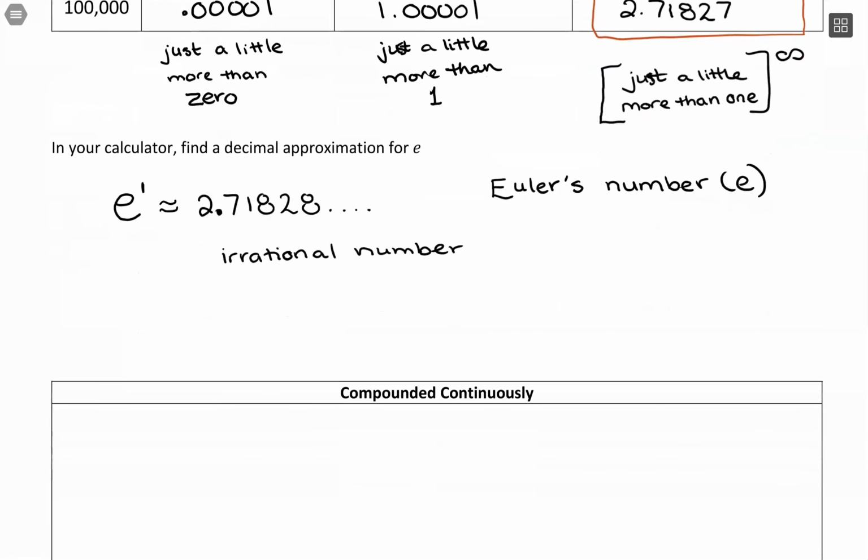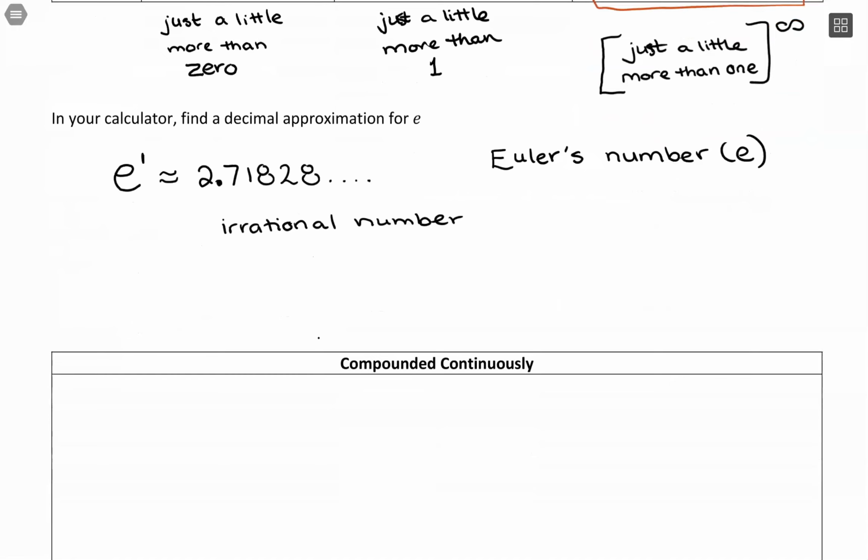So when we compound continuously, with our original formula, we had our principal, 1 plus r over n raised to the n times t. How Euler's number comes through is that to compound continuously, so all the time, we think about putting a really large number where n is.